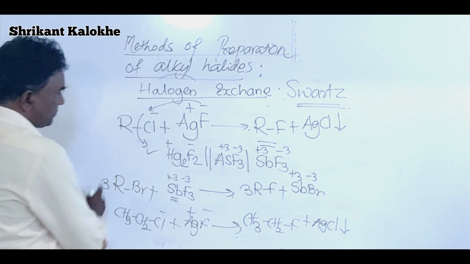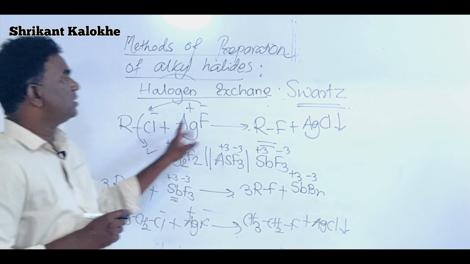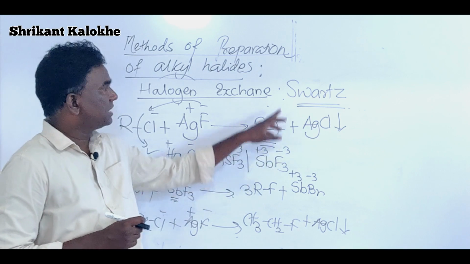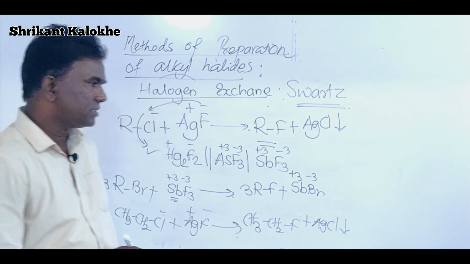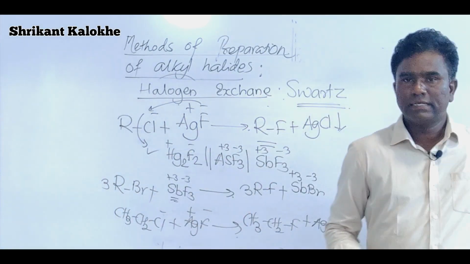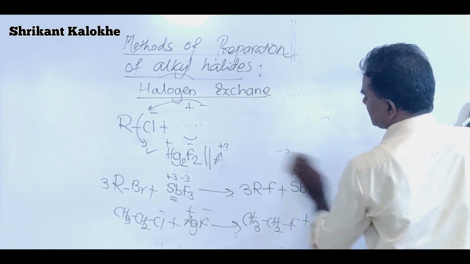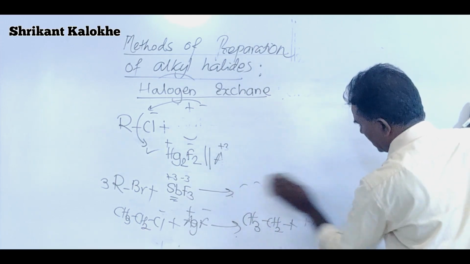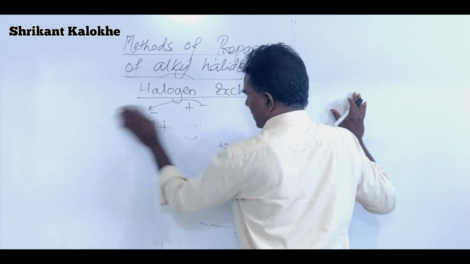In this way, we have been able to convert alkyl halides into alkyl fluorides, and that reaction is known as Swarts reaction. So the next reaction which we will discuss is the electrophilic substitution reaction, in which aryl halides are prepared.